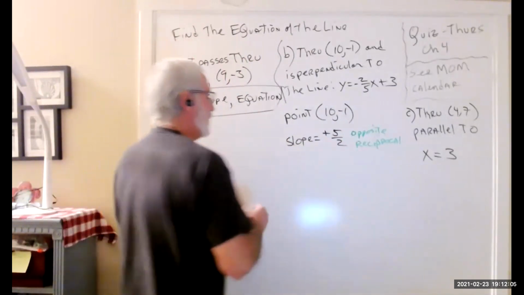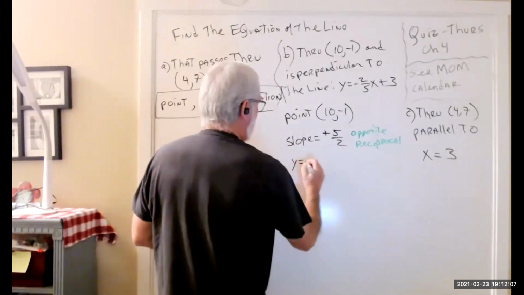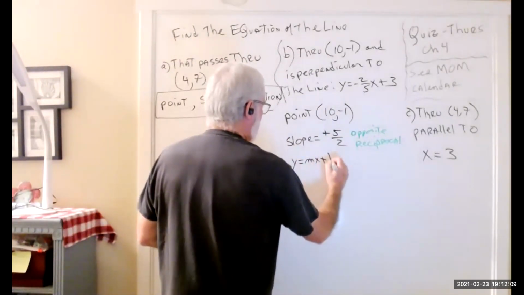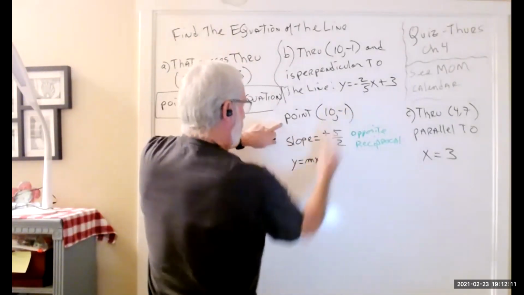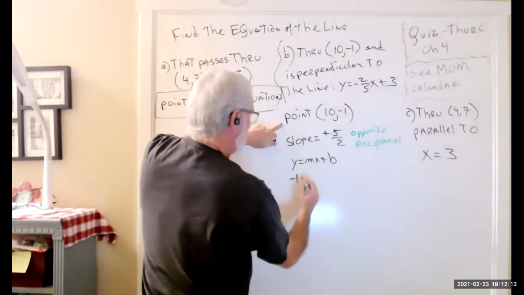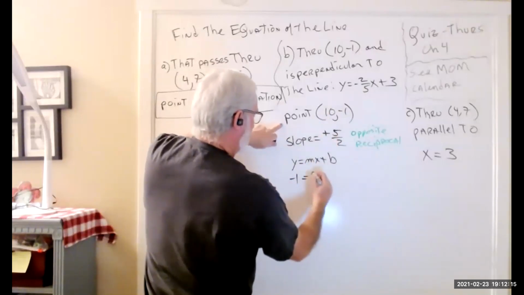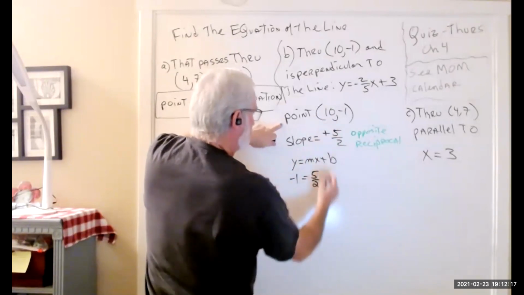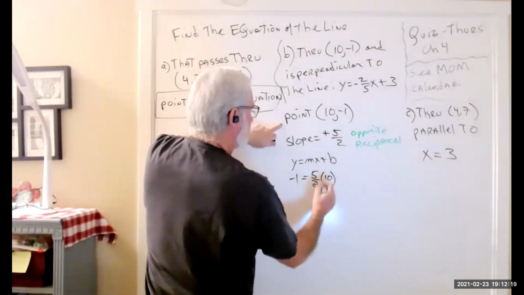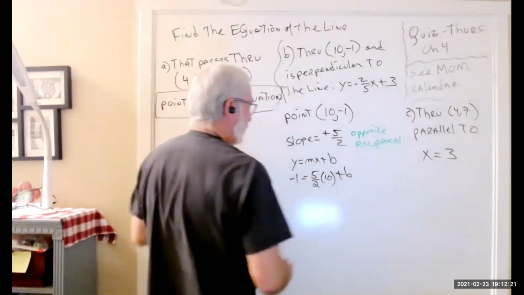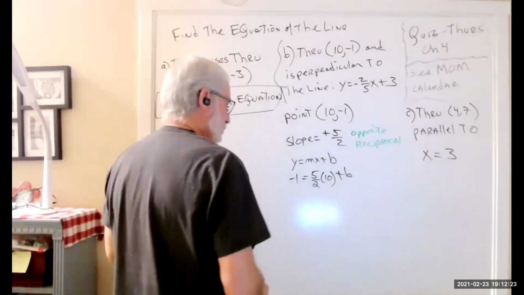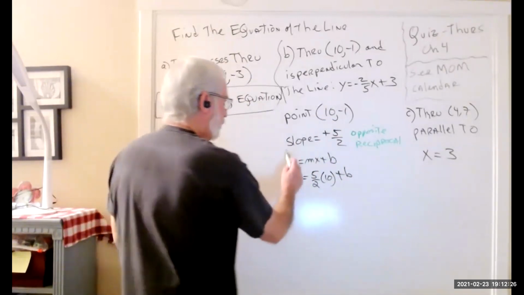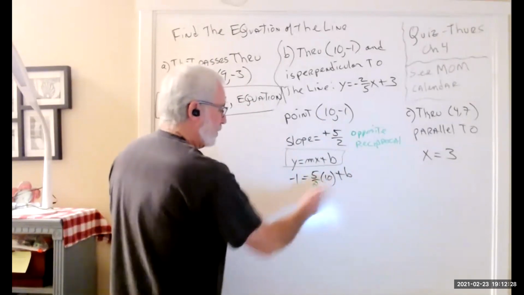So we pop everybody into our formula, y equals mx plus b. Our y value is -1. Our slope is 5/2 times 10 plus the b value. Okay, that's our formula. Plug everybody in.